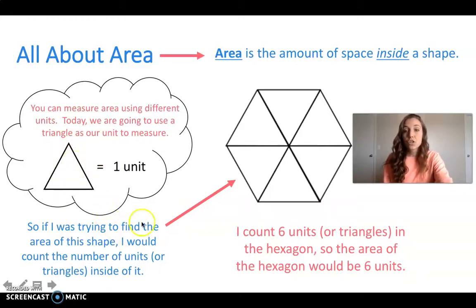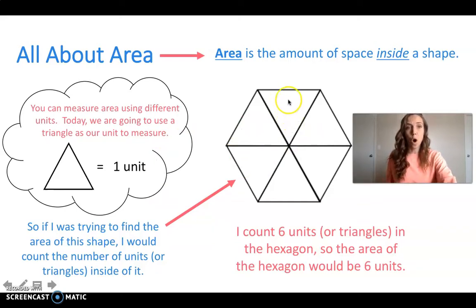So if I was trying to find the area of this shape right here, I would just count its number of units. Okay, so we have a hexagon right here, a hexagon because it has 6 sides. So all I'm going to do is I'm just going to count up how many units I see in this shape. All right, so count with me. Ready?